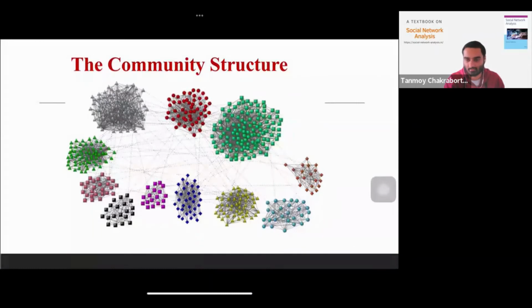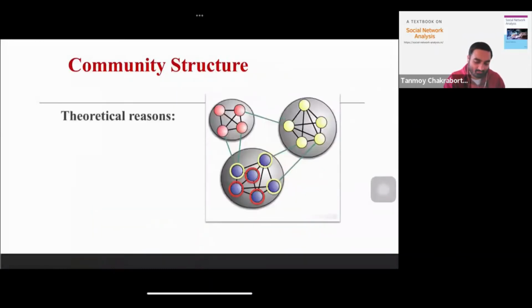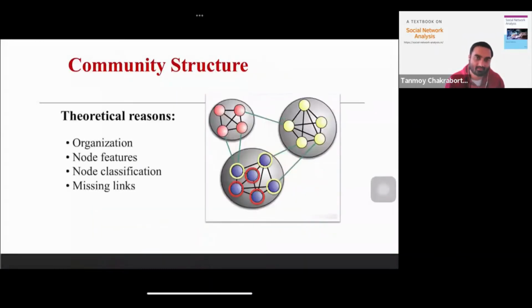from a gigantic network. I have already mentioned many applications, but let me reiterate why we care about community structure. There are theoretical reasons and practical reasons. The theoretical reason is that community structure indicates different organizational units of a network.